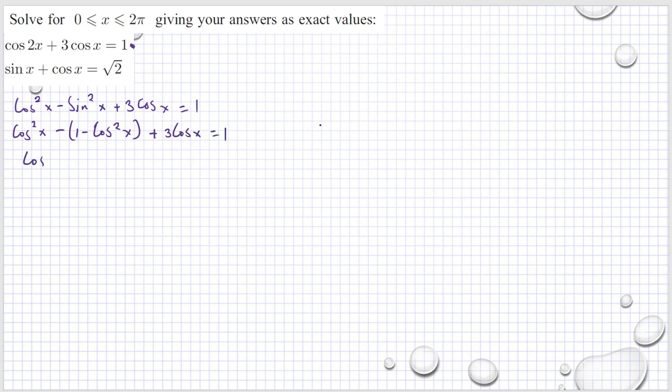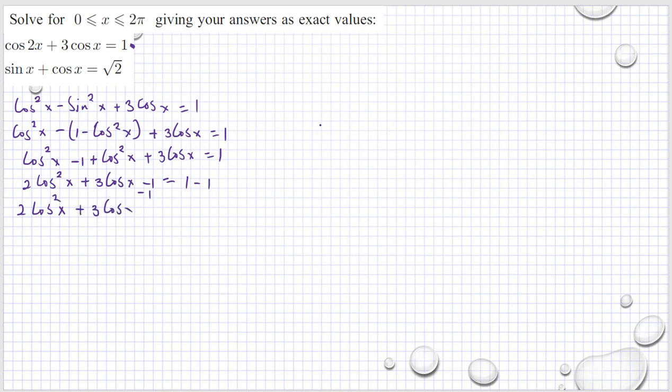Then we have cosine squared x minus 1 plus cosine squared x plus 3 cosine x is equal to 1. Then we have 2 cosine squared x plus 3 cosine x minus 1 is equal to 1. Subtracting both sides of the equation by 1, then we have 2 cosine squared x plus 3 cosine x minus 2 is equal to 0.